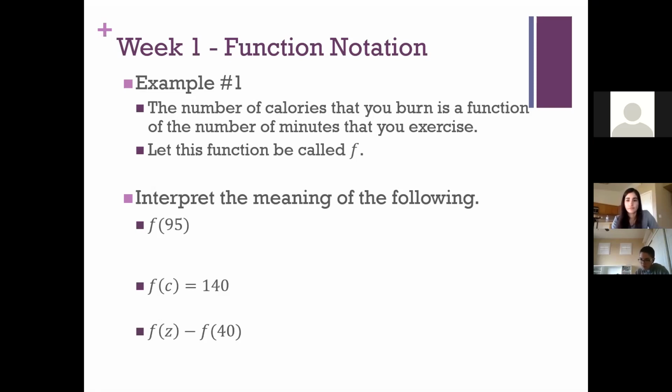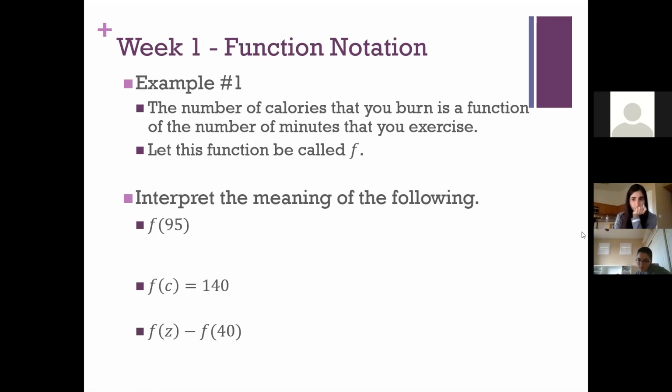Okay, so you've exercised for 95 minutes. Actually, why don't you go again? I think I lost you for part of this. The 95 would be 95 minutes of exercising. So it's saying a function of you exercising for 95 minutes. Okay, so a function of, thank you, Rand. A function of you exercising for 95 minutes.